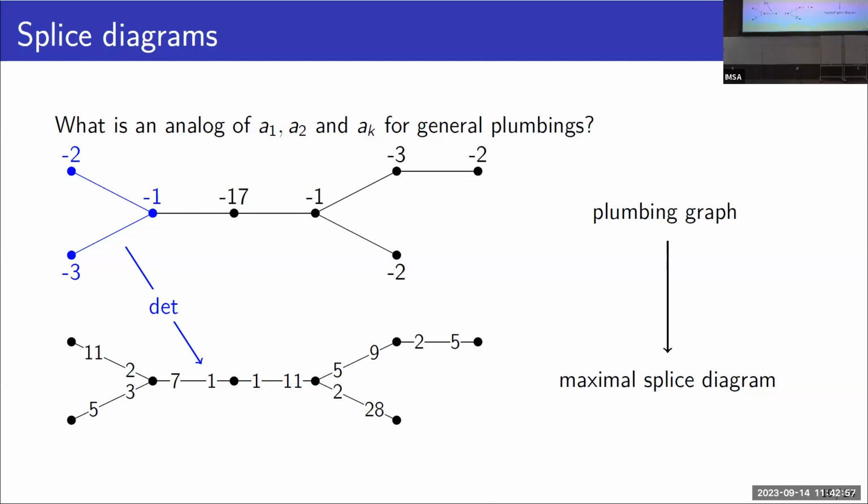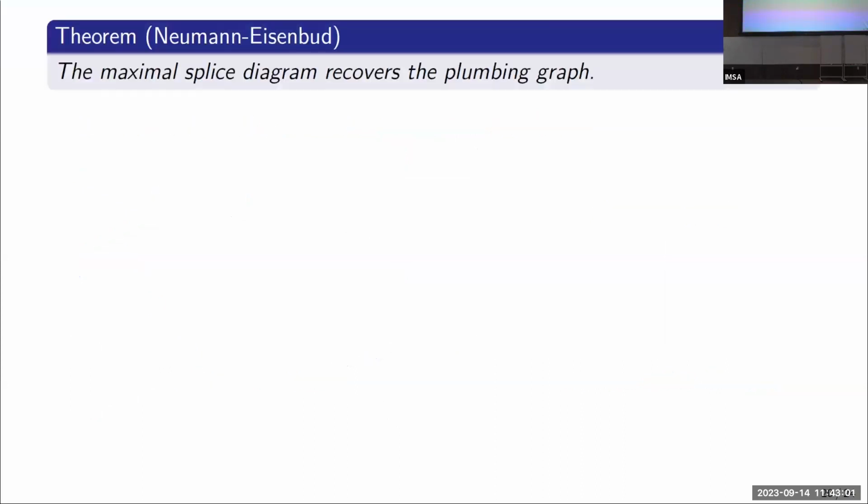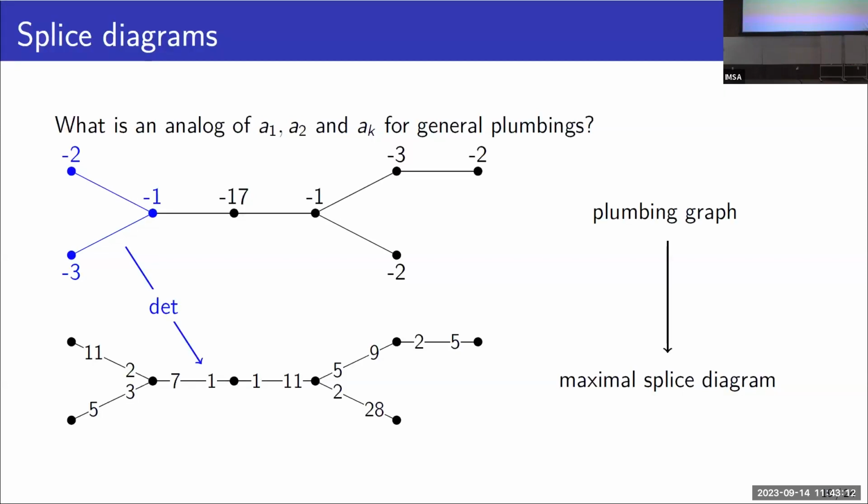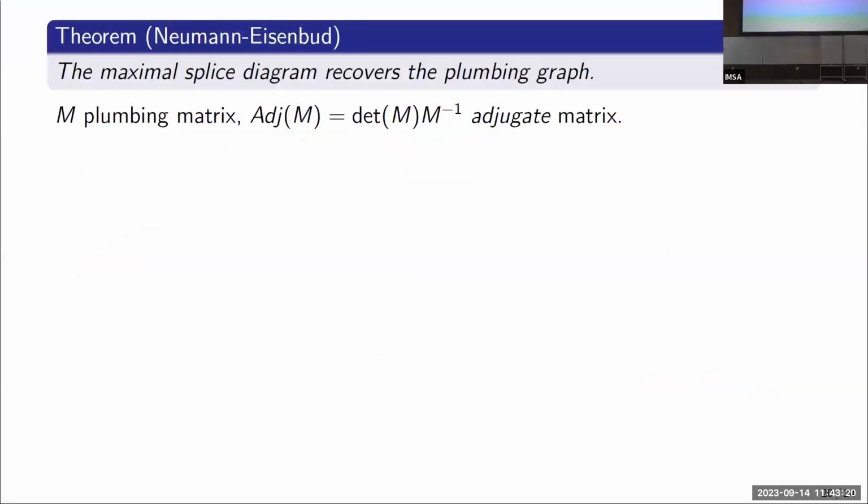So it's a lot of determinants, but that's it. And now there is a very involved linear algebra theorem, which says that the maximal splice diagram actually recovers the plumbing graph. So this operation can be inverted. You can get back the plumbing graph from all these determinants.